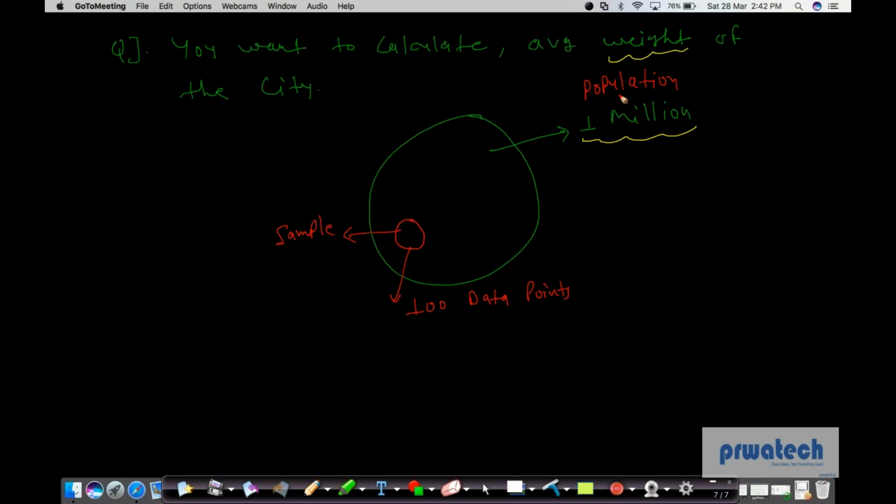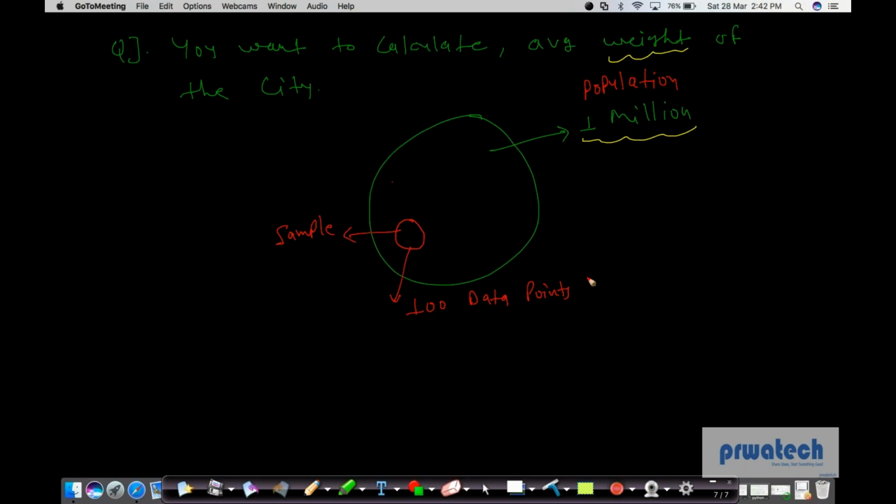I'm not biased, saying I will only take the urban location and not the rural area. I'm taking the sample from the whole area, maybe 5 people, 2 people, 3 people, 8 people, and likewise I get these 100 data points.